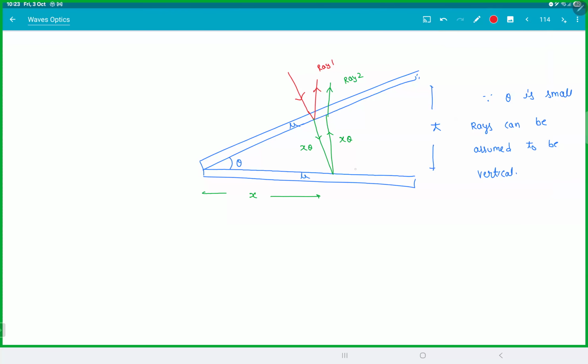And not only that, this is going from rarer to denser. That means this green one will also have a phase shift of pi. The red one will be in phase only because you're hitting denser to rarer.